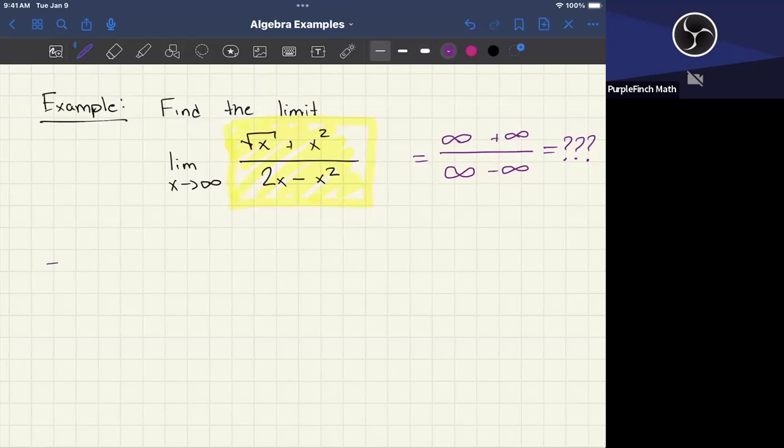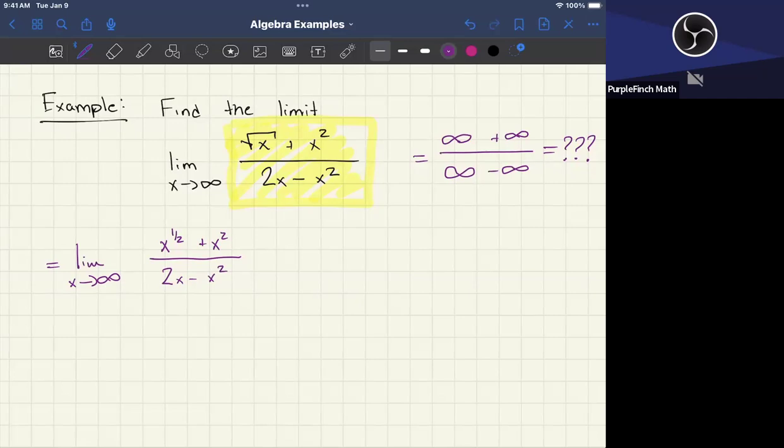Before we get into that, I'm going to start off by just changing our square root sign to a 1/2. A lot of times you want to do this when you're working with things like limits or integrals, because working with an exponent like 1/2 is a lot easier than working with the square root sign.